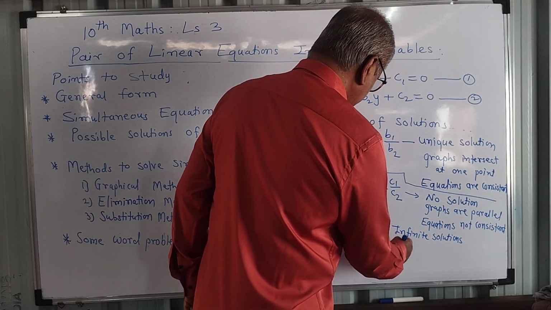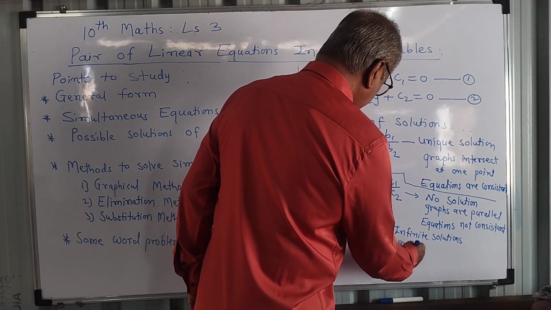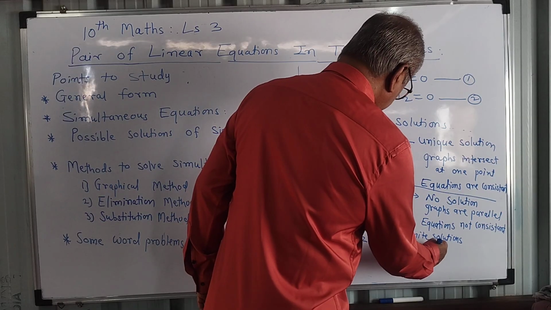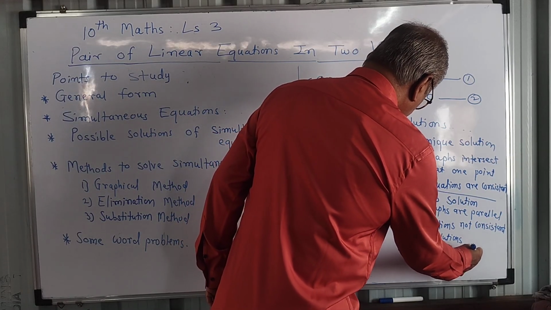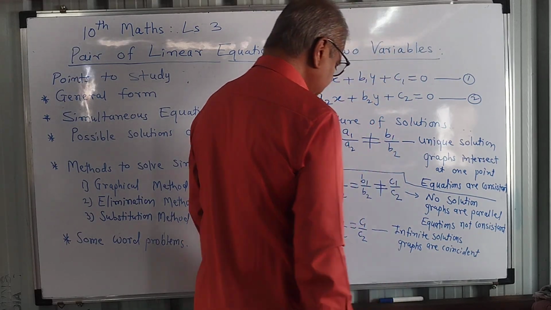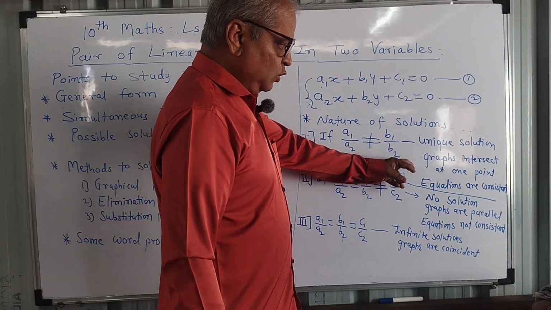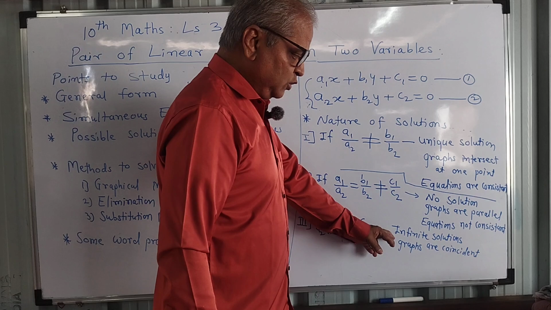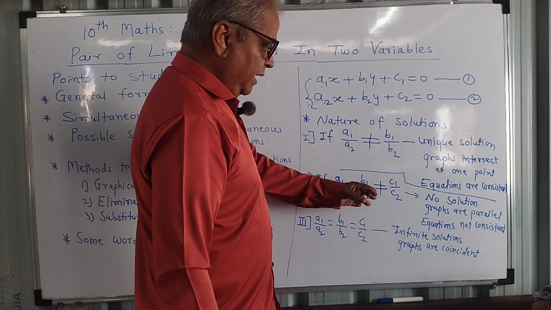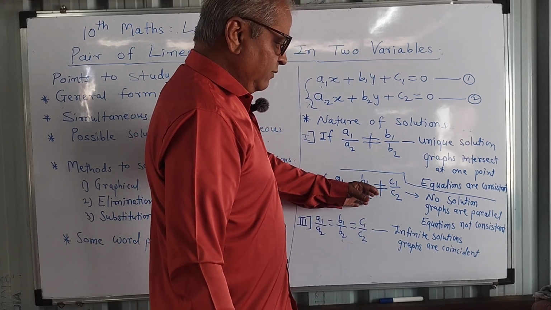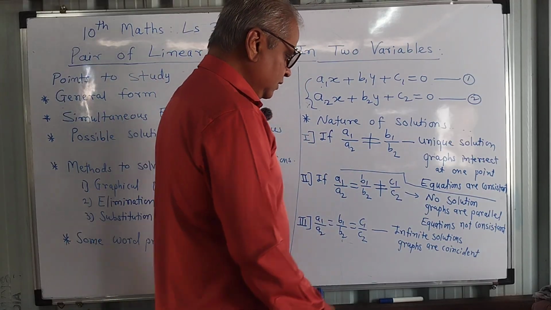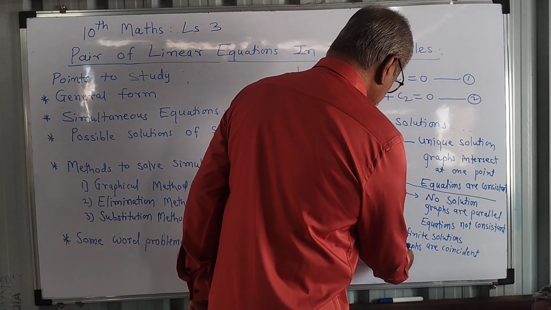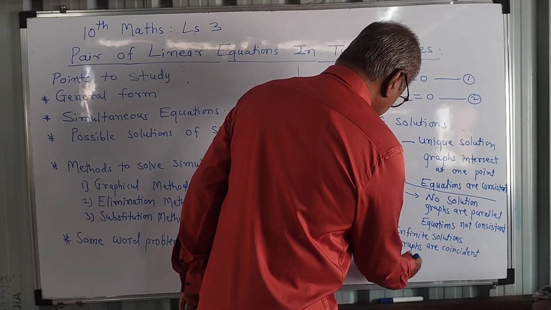Graphs are coincident. And as it has solution, one solution consistent, infinite solutions consistent. If those two equations have no solution, then equations are not consistent. So it has infinite solutions, so equations are consistent.